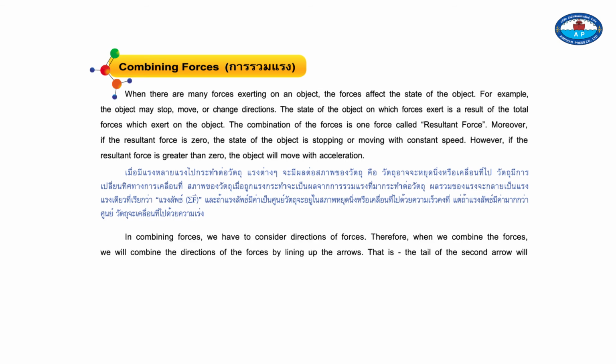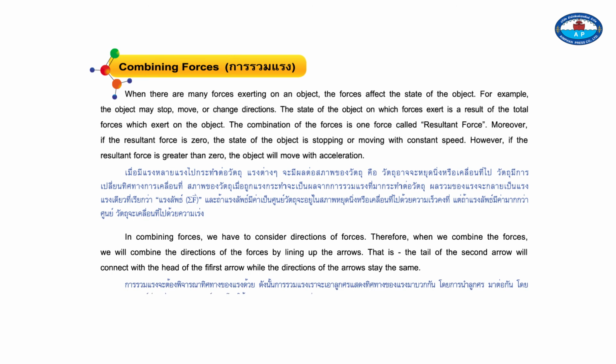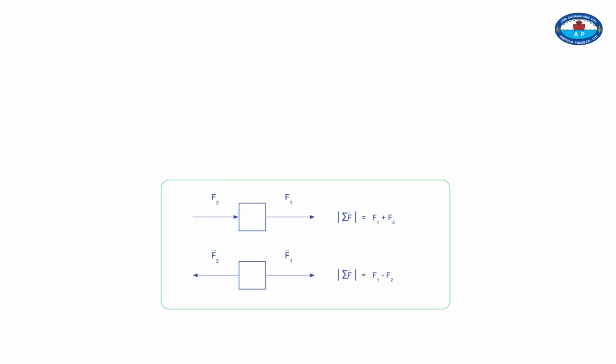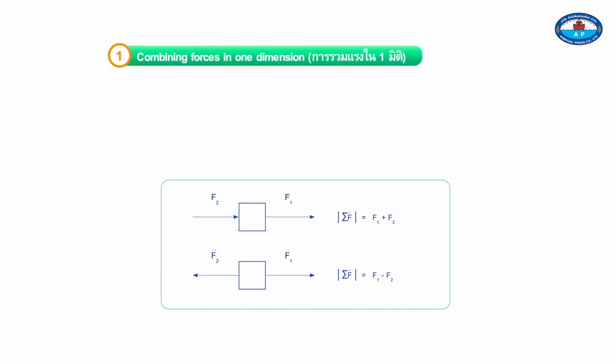In combining forces, we have to consider the directions of the forces. Therefore, when we combine the forces, we will combine the directions of the forces by lining up the arrows. That is, the tail of the second arrow will connect with the head of the first arrow, while the directions of the arrows stay the same. 1.